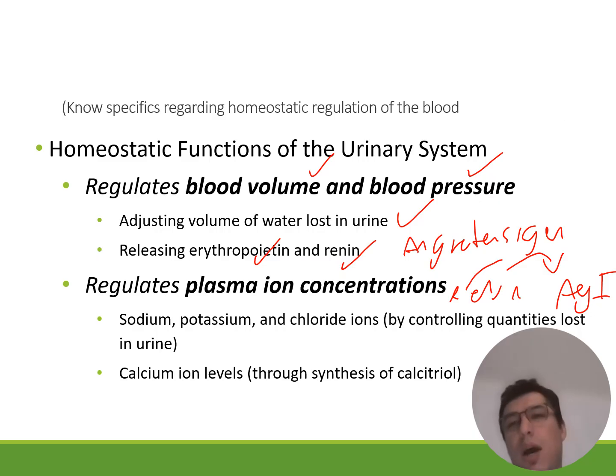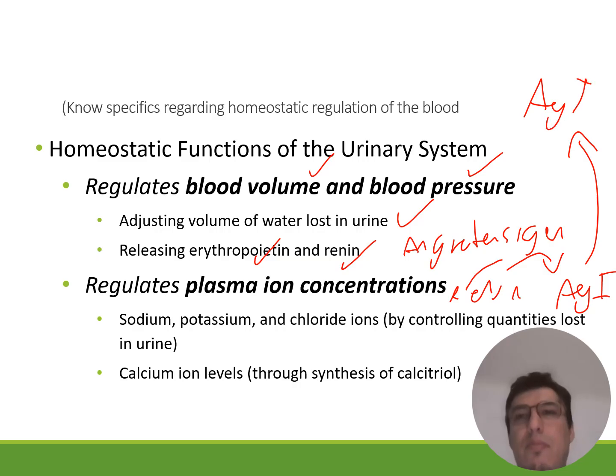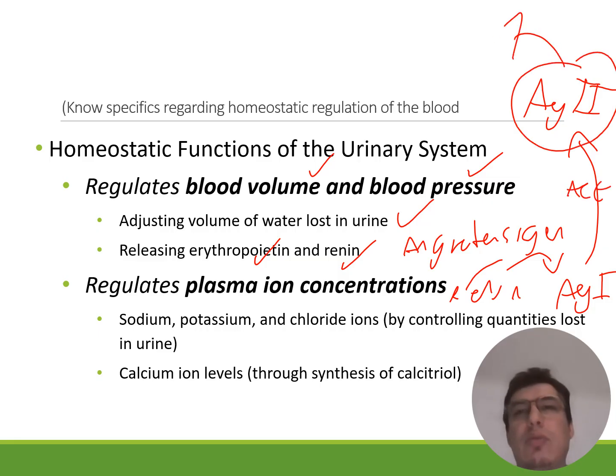Angiotensin 1, once it is in circulation, is then converted into angiotensin 2 by a molecule that is called angiotensin converting enzyme, ACE. And this angiotensin 2 is the one that actually plays a major role in the vasoconstriction of those vessels.